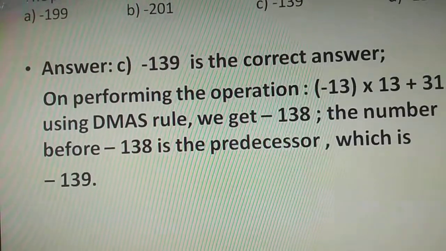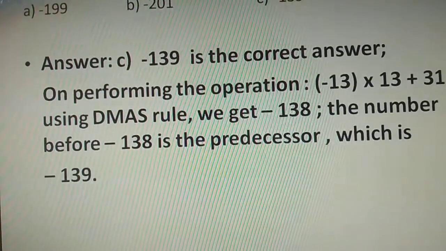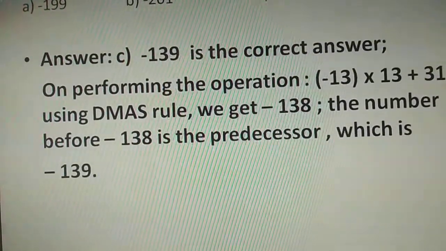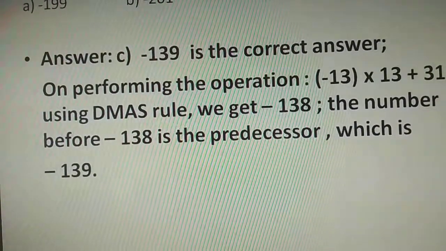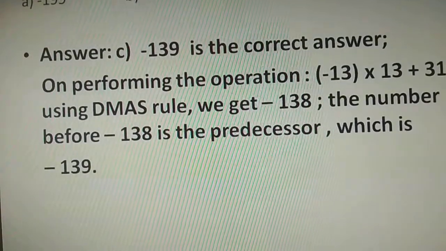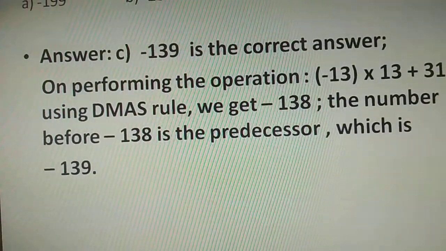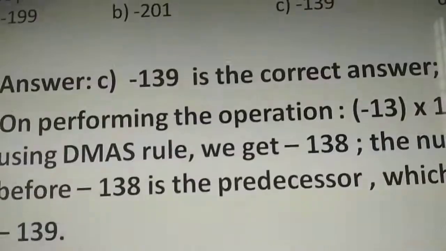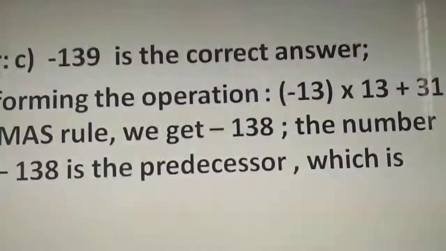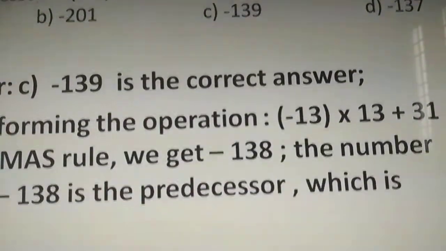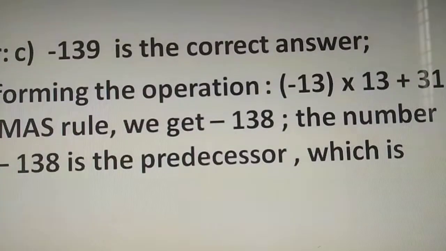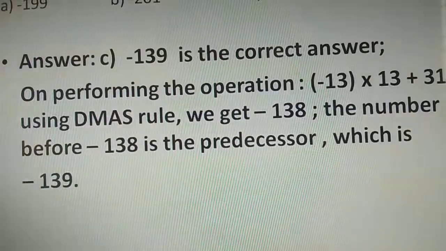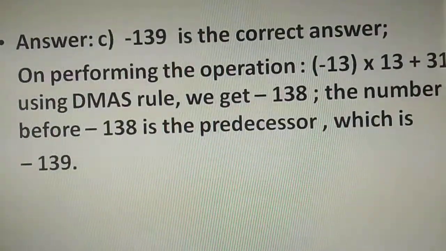Now the number before minus 138 is the predecessor, which is minus 139, because minus 139 is one smaller than minus 138. The student should have made a mistake there by adding 1 to it. It's not adding, it's subtracting. So minus 139 is the correct answer to this question.